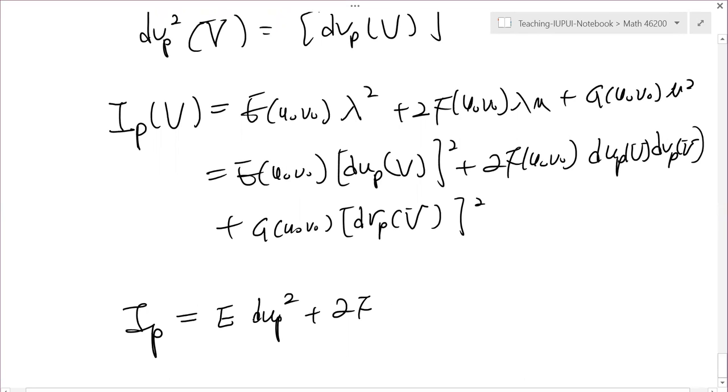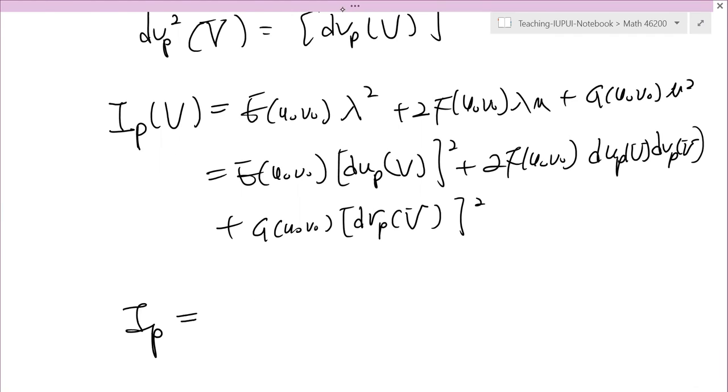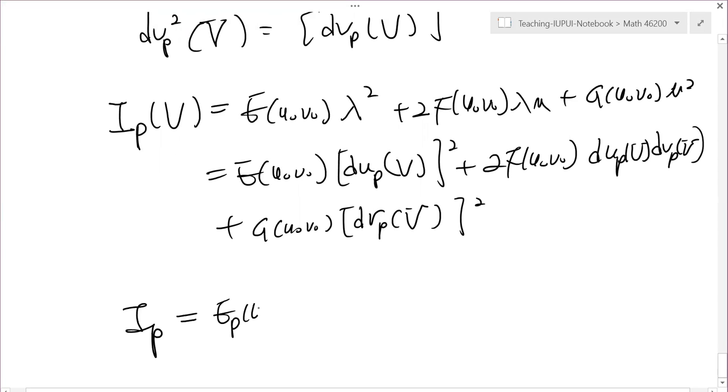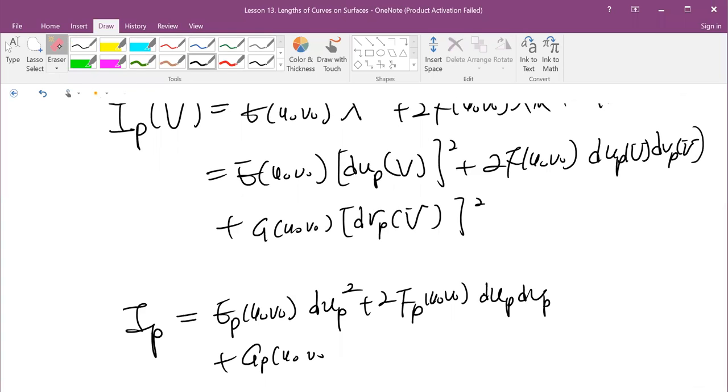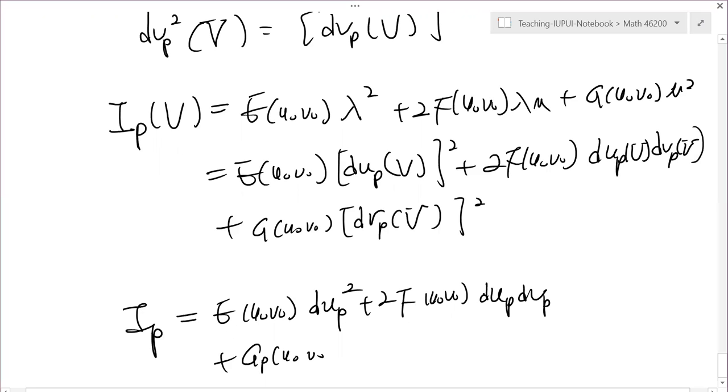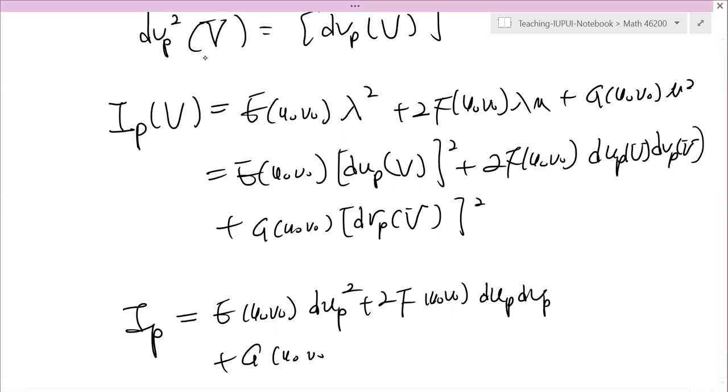I still want to use a specific point P. That is a special point.